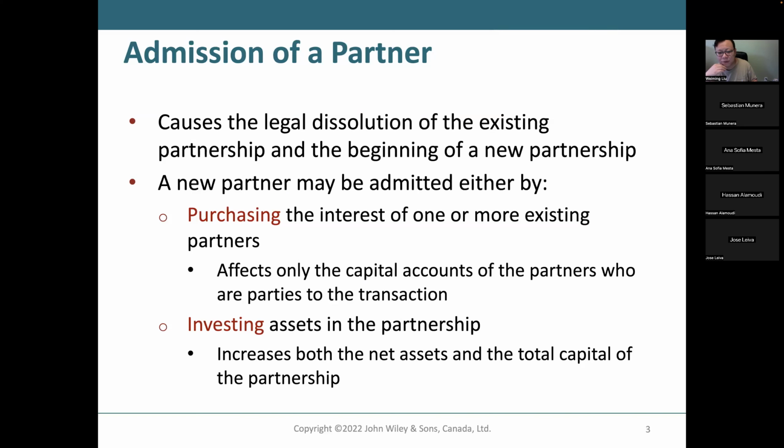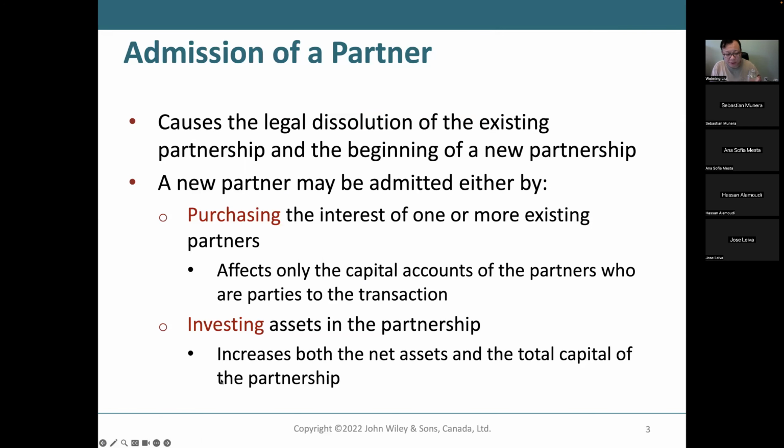So it won't affect any other partners. It's just the partner who's retiring who sells his partnership interest to a new partner. That will not affect other partners' interests.